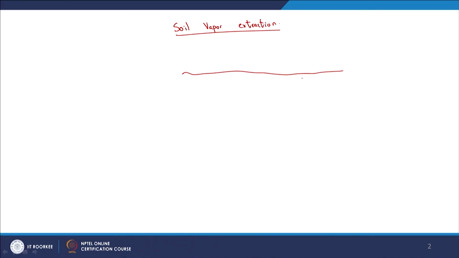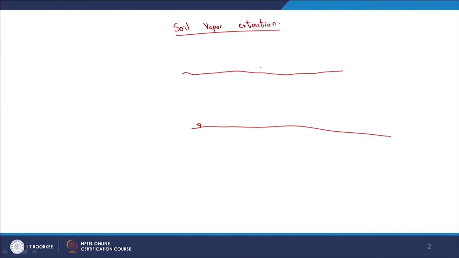So, let us say this is my soil surface, and all this is the subsurface obviously. Let us say my groundwater is somewhere out here, and in this particular zone, the gas is contaminated. So, what am I going to do? I am going to have a vacuum source. I need to be able to pump the gas out.